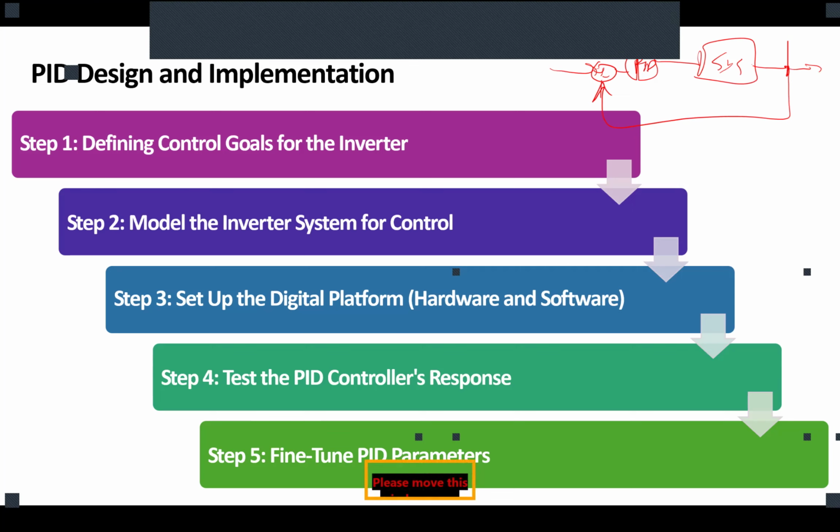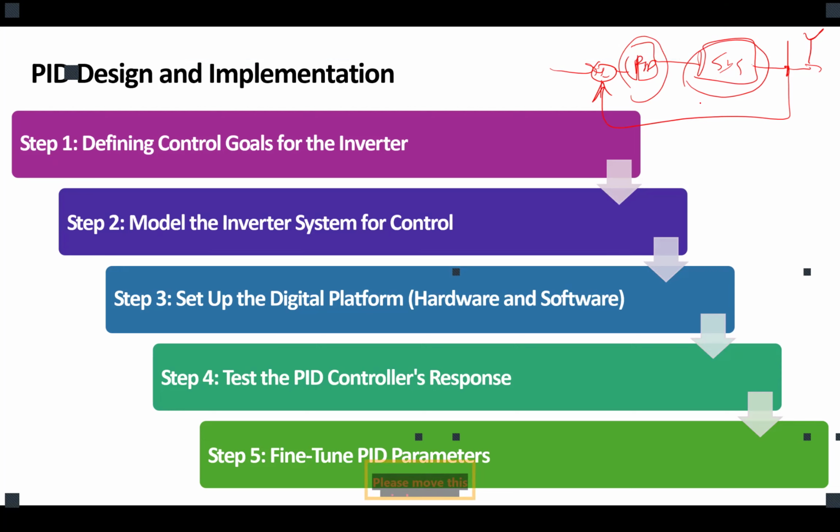What defines this output, Y here, is not just the PID. It's also the system. So you have to know what your system does. The S domain is an easier way to analyze this if you want to analyze it theoretically.